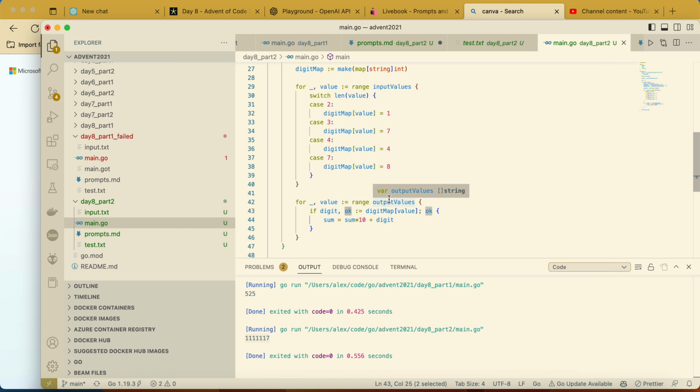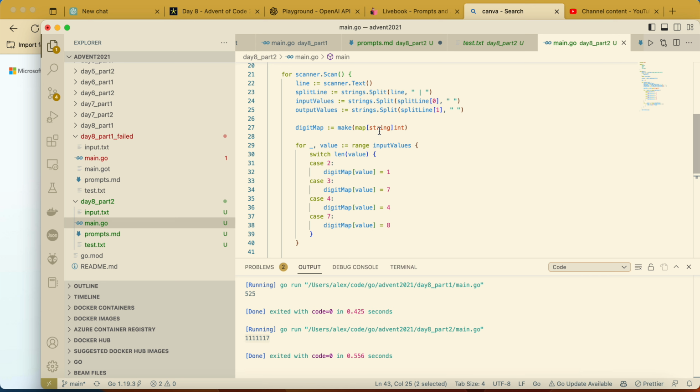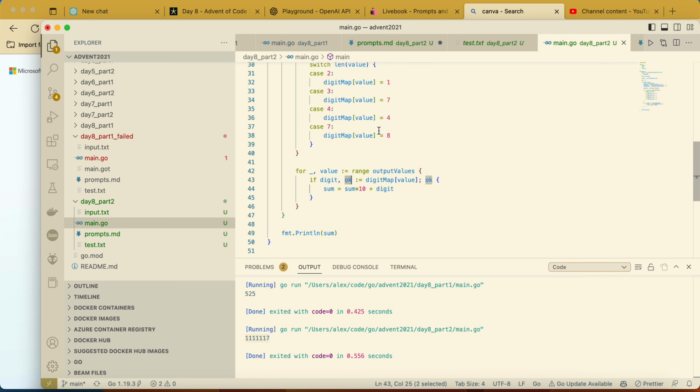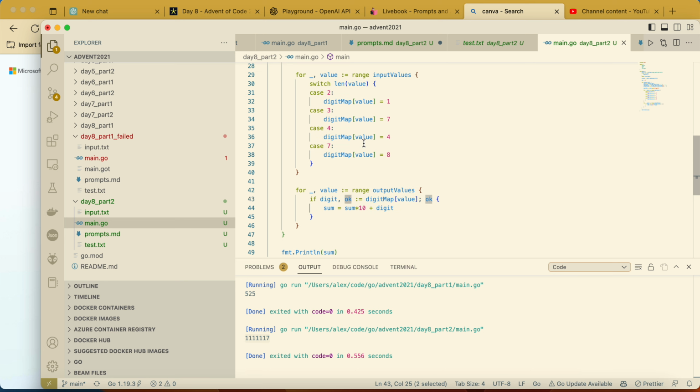Okay, we have our output values, and we're checking if we have it there. We need to get it. We have 1748. And we're getting the digits.